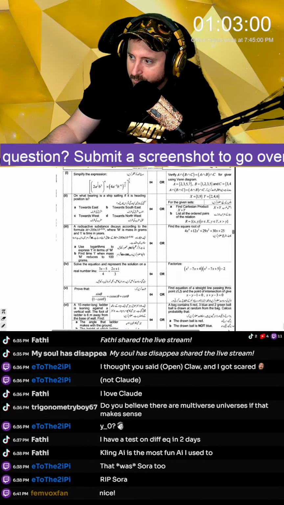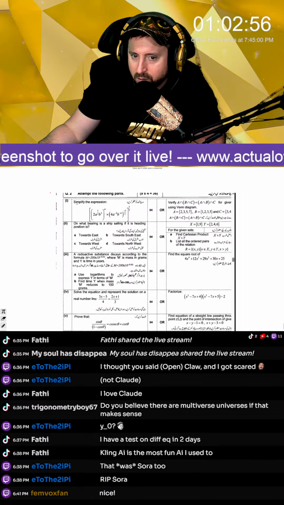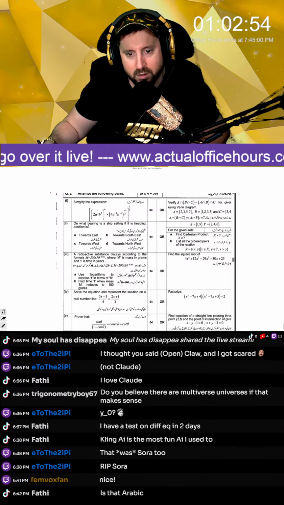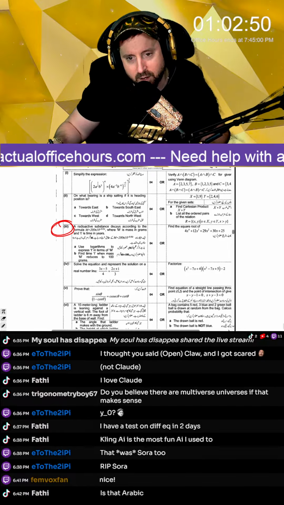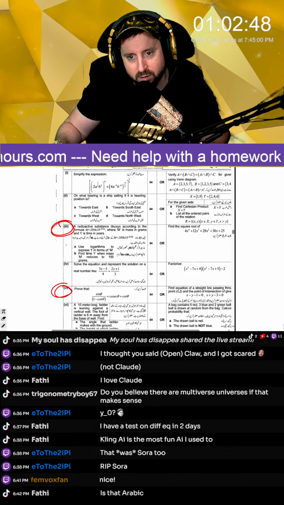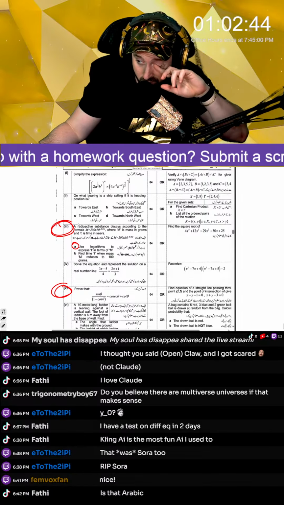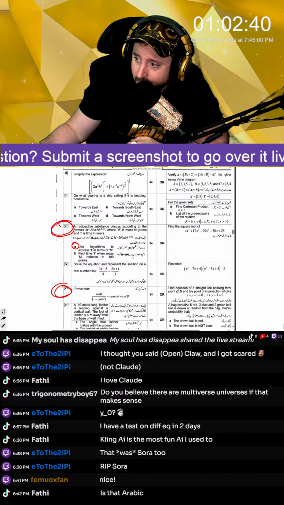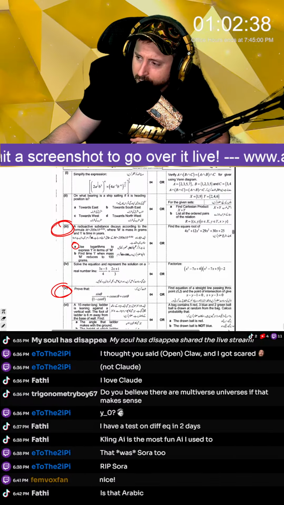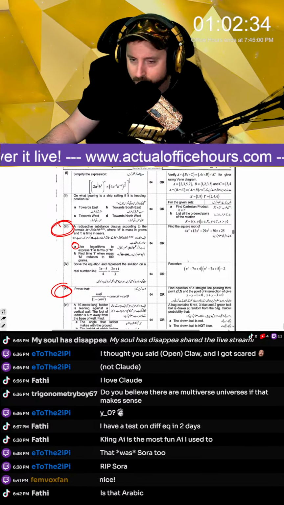Solve the 3rd and 5th A part. Okay, so I think this one and this one, and then I think this is what they want. 3rd and 5th. Solve 3rd and 5th A part. Okay, cool. For both.